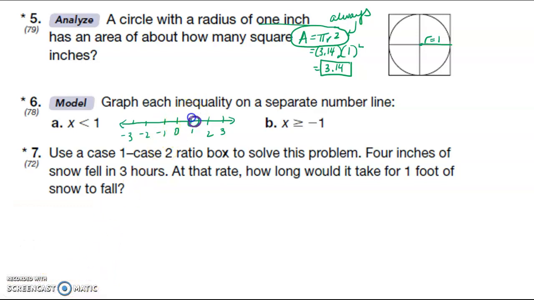So that's an open circle there because there's no equal sign, and then this arrow points in the direction that we highlight.